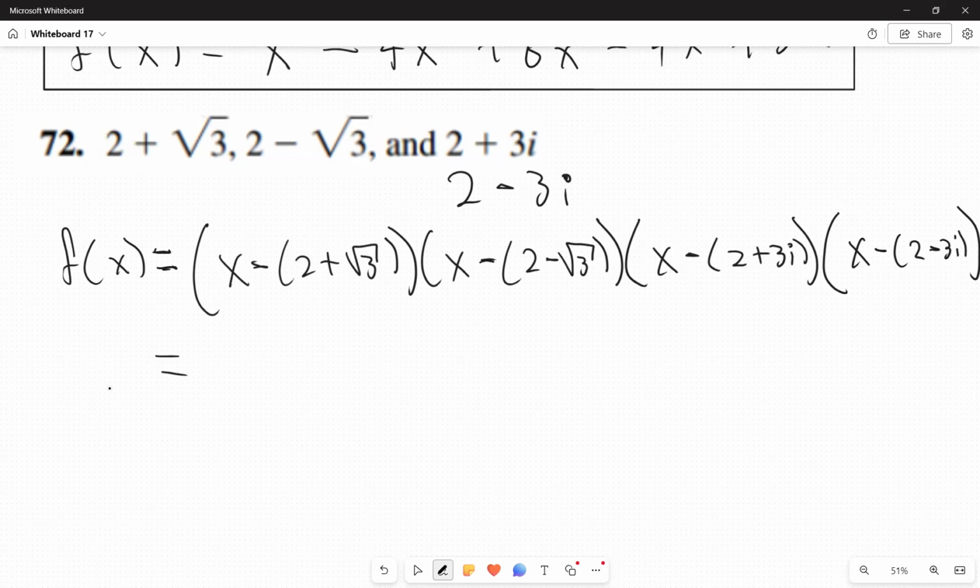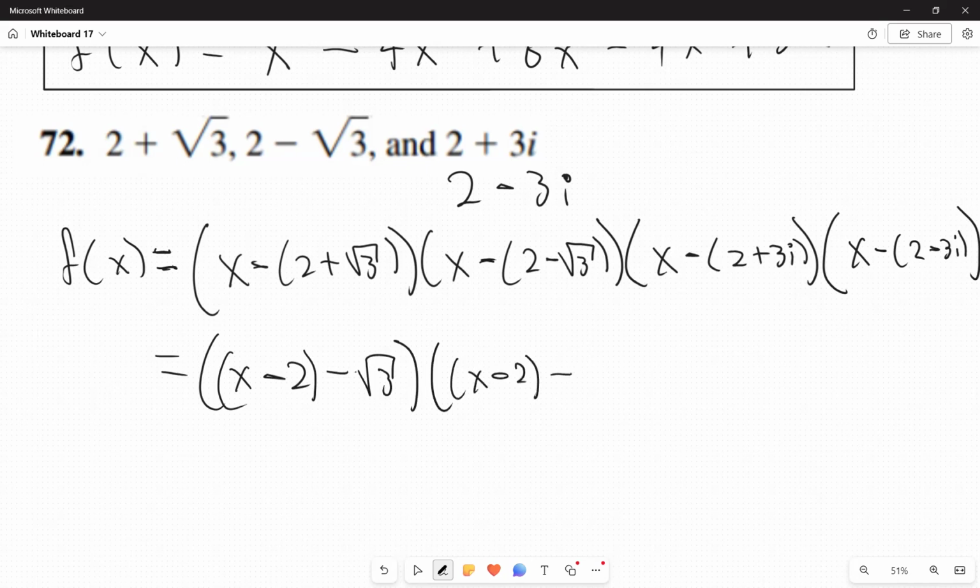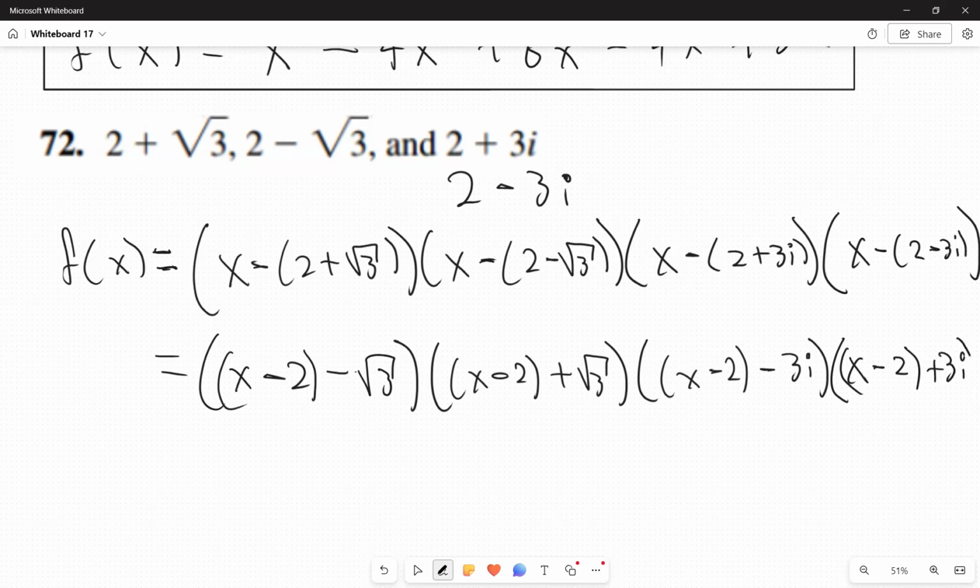I'm going to distribute the minus, so I have x minus 2 minus square root of 3, times x minus 2 plus square root of 3, times x minus 2 minus 3i, and x minus 2 plus 3i. And I'm going to distribute by pairs.